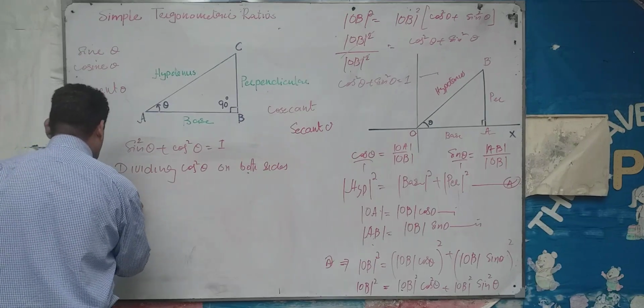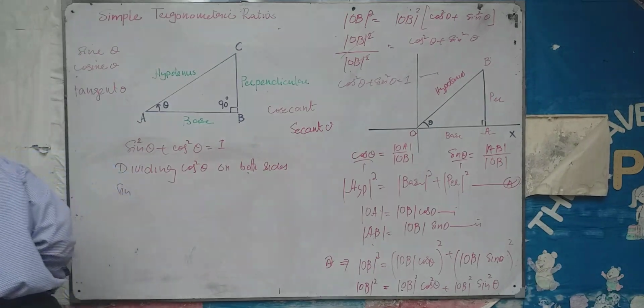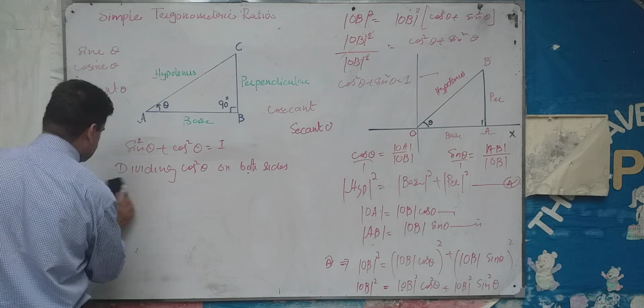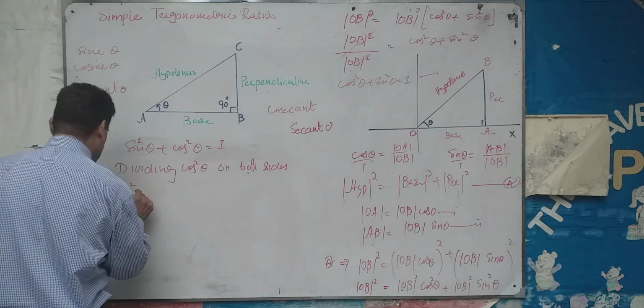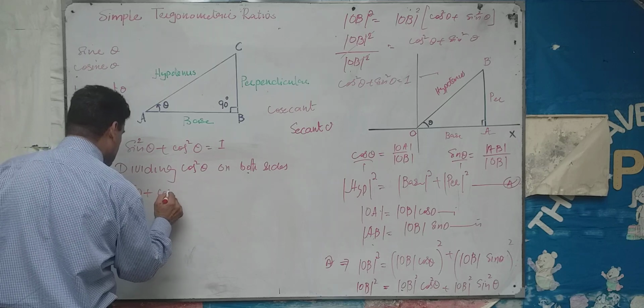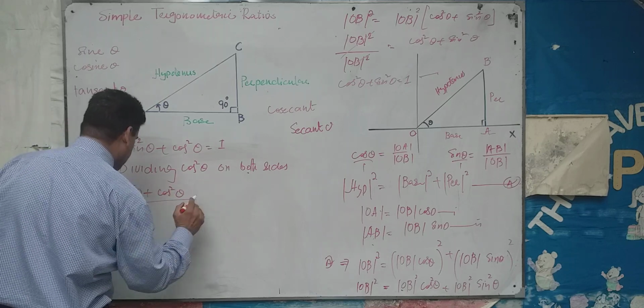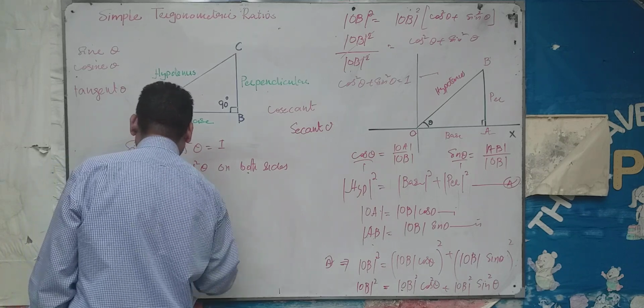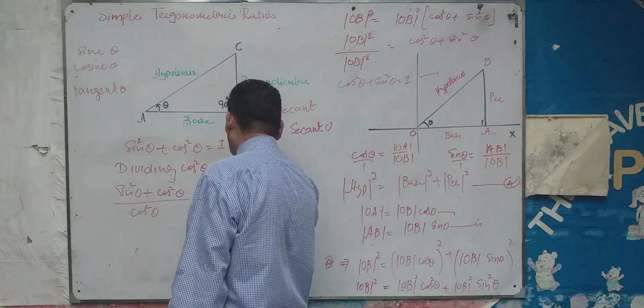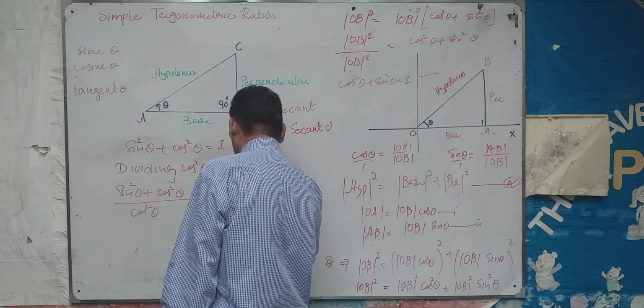We write sin squared theta plus cos squared theta divided by cos squared theta is equal to 1 by cos squared theta.